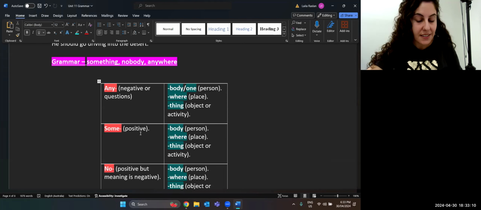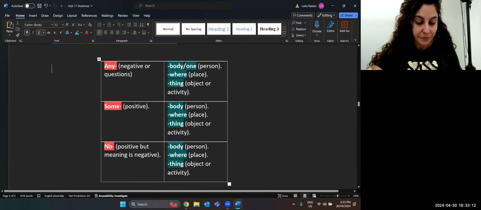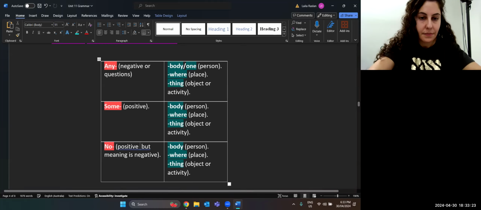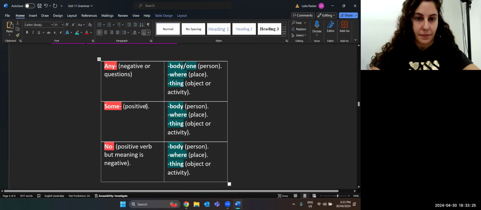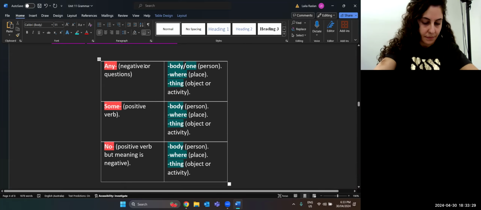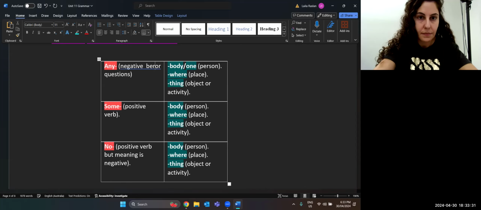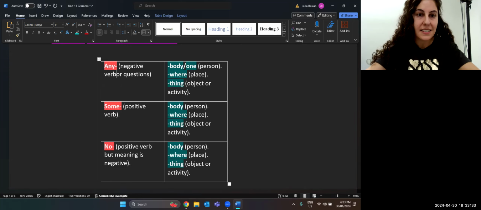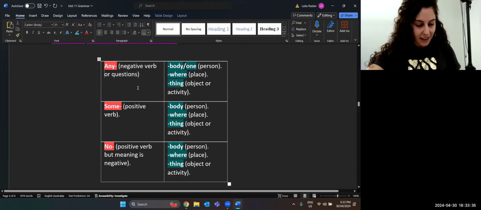We use words starting with no with a positive verb, but the meaning is negative. Okay, so that's how we use these words.